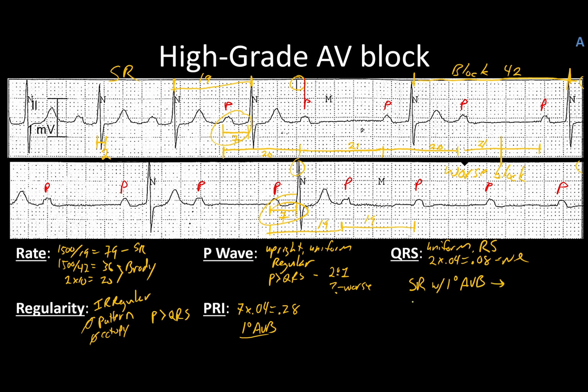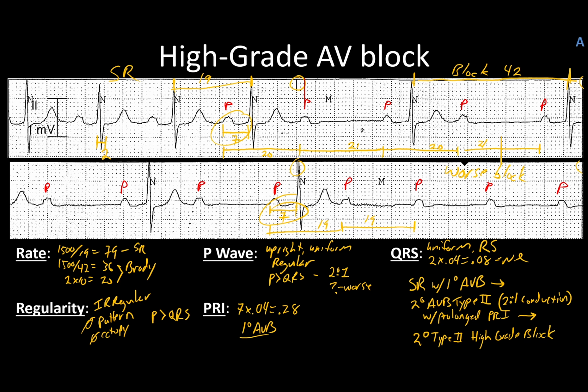That turned into second degree AVB Type II, and then it was a 2-to-1 conduction with prolonged PRI, and then that ultimately turned into second degree Type II high grade block. And truly that's what it is, right?